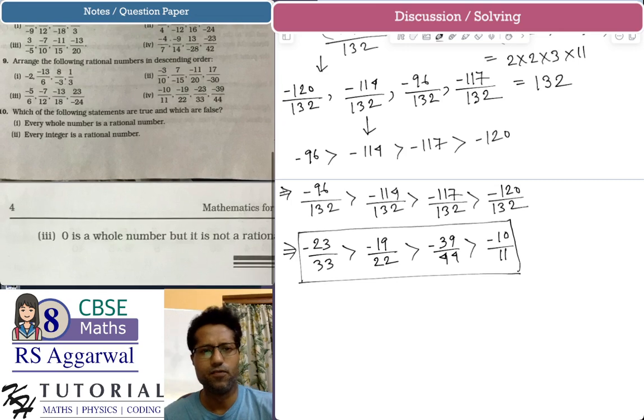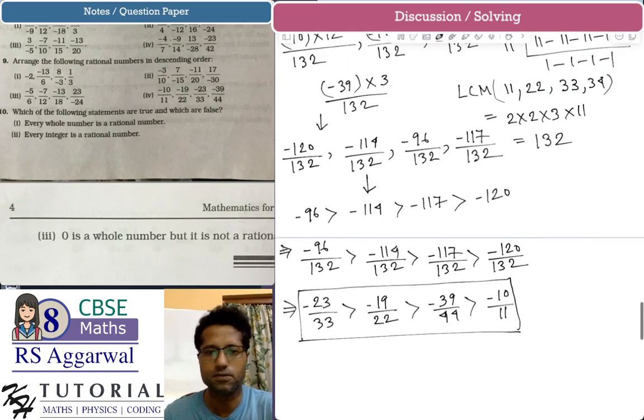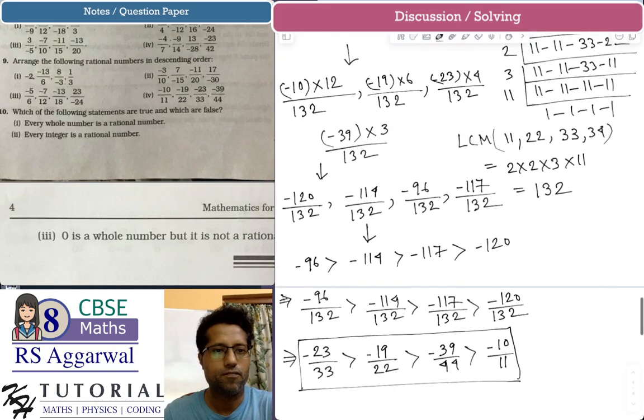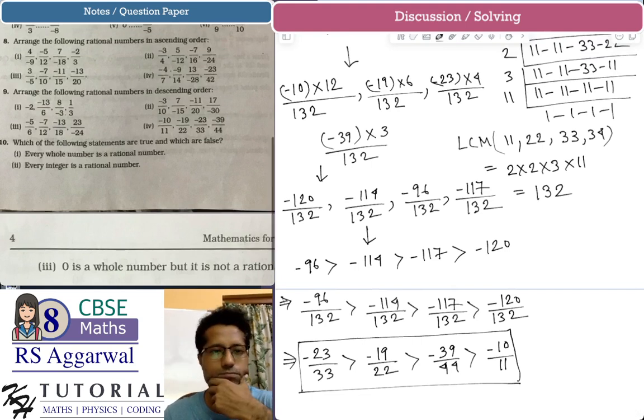So I am skipping a few problems because they are very similar to the other problems. I hope you are getting the concepts that I am applying to solve the problems. For questions number 8 and 9, the concepts applied in arranging the given rational numbers will be the same.